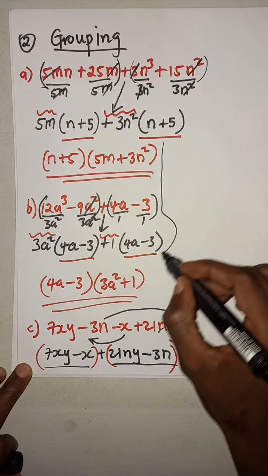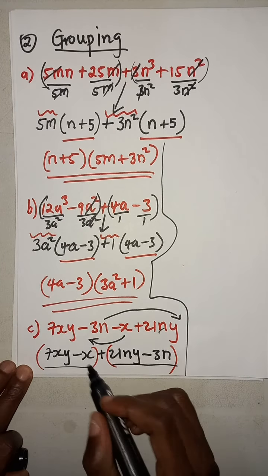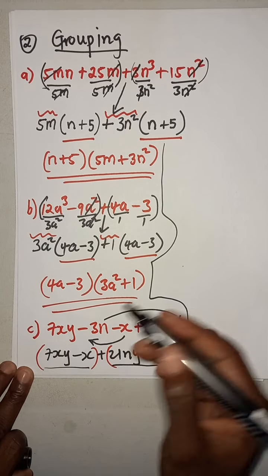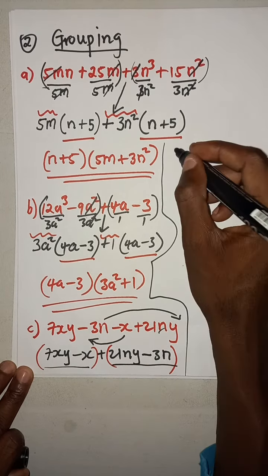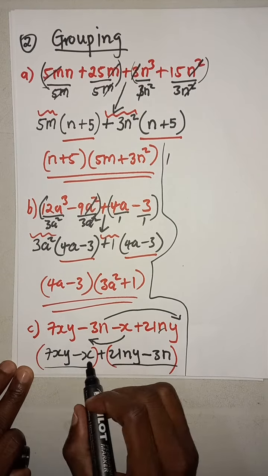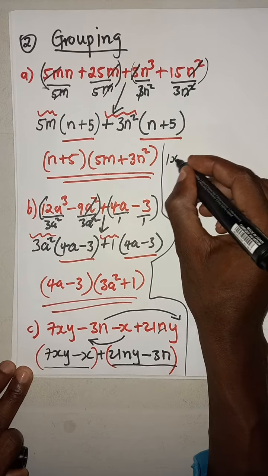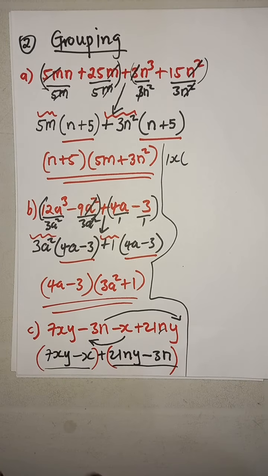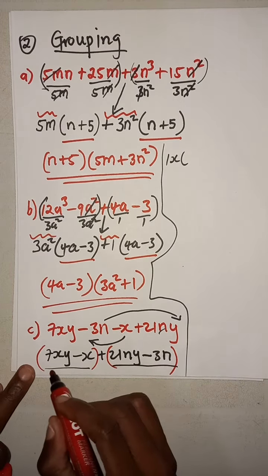Let me create a space here. The highest common factor of 7 and 1 is 1, so I write 1, and then the letter appearing on both sides is x. Open my bracket. To get what will be inside the bracket, I divide everything by x.